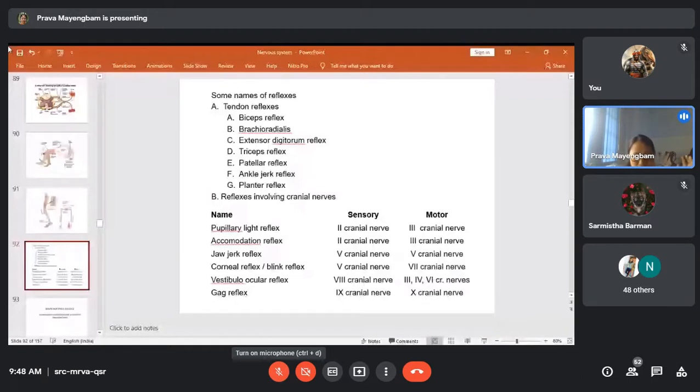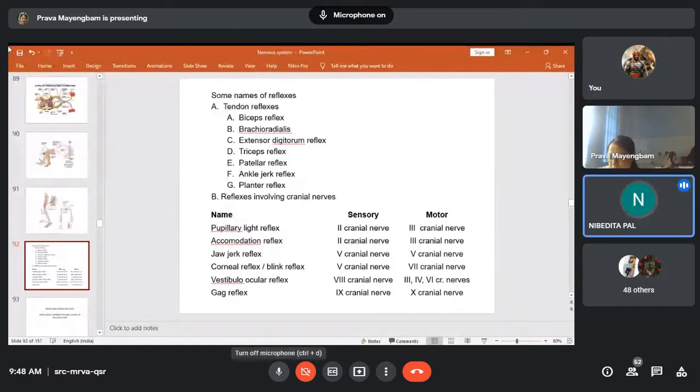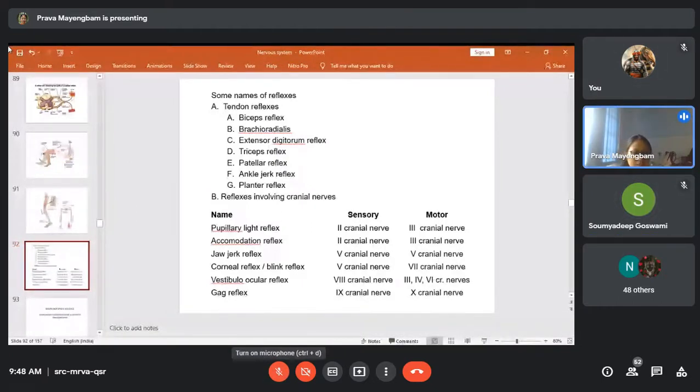What happens to your eyes? You cannot just open your eyes. Is it yes or no? Yes, ma'am. Why? That is due to the pupillary light reflex, because the size of the pupil controls the amount of light entering the eye for perception of vision.